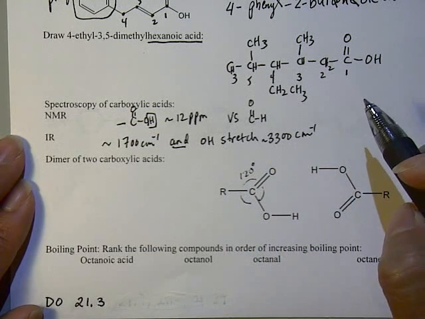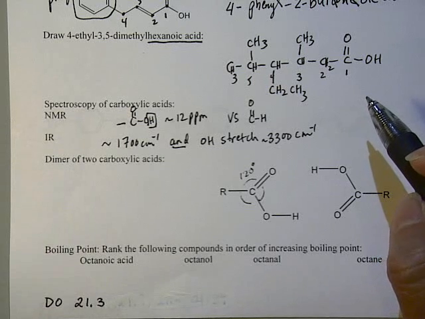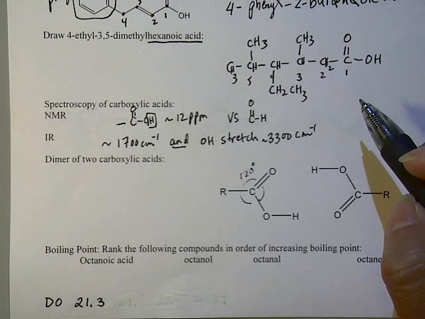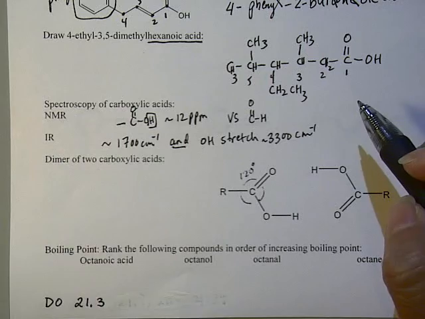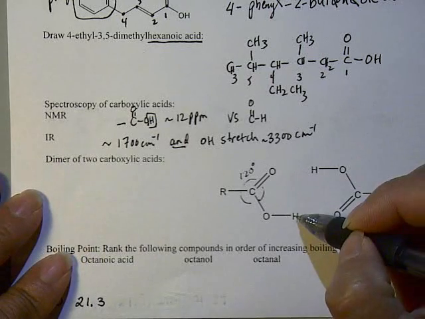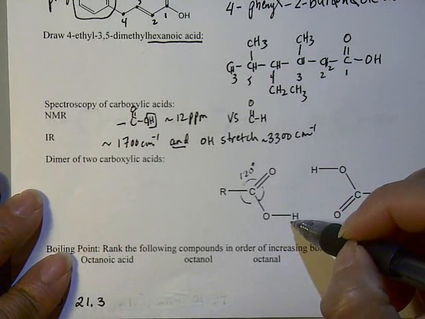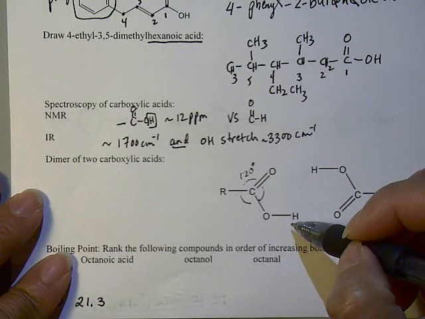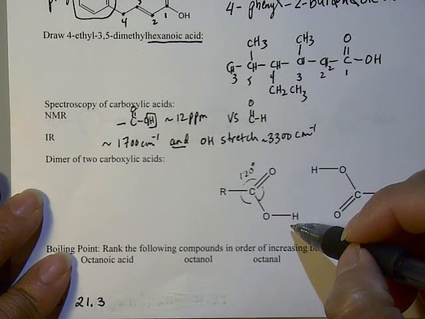Now, like alcohols, carboxylic acids are strongly associated with each other due to hydrogen bonding. Notice that you have an OH group. And in fact, most carboxylic acids exist as cyclic dimers held together by two hydrogen bonds.